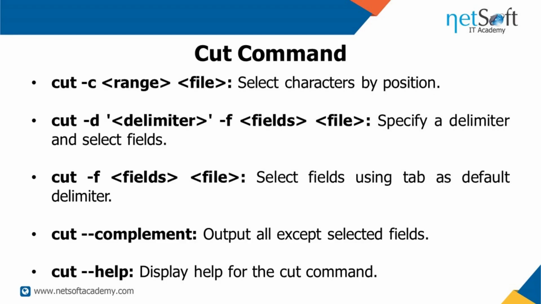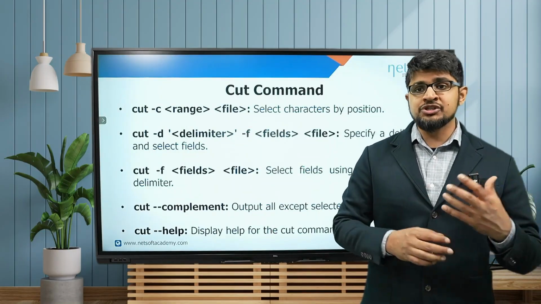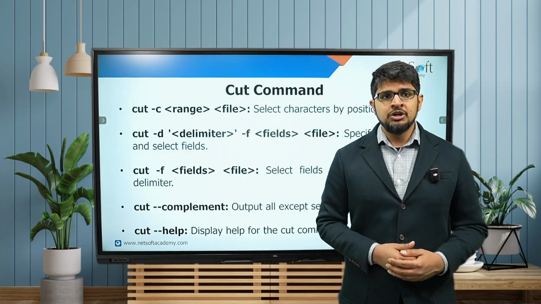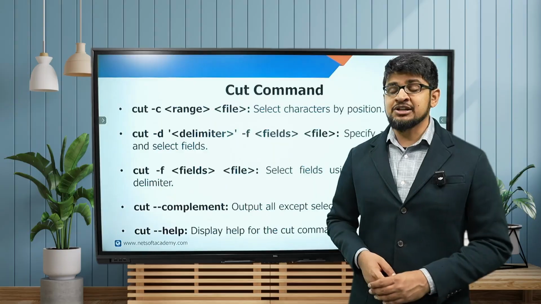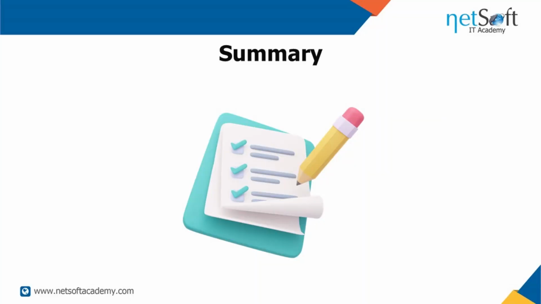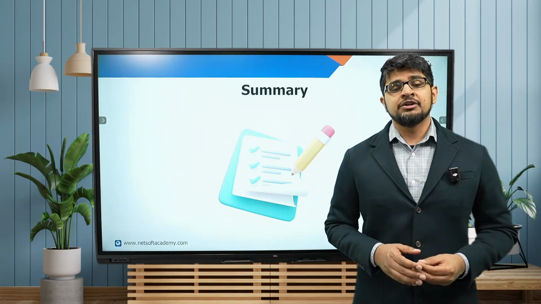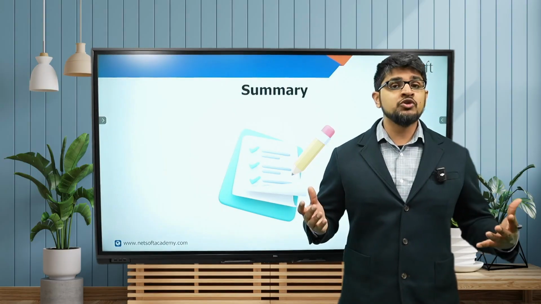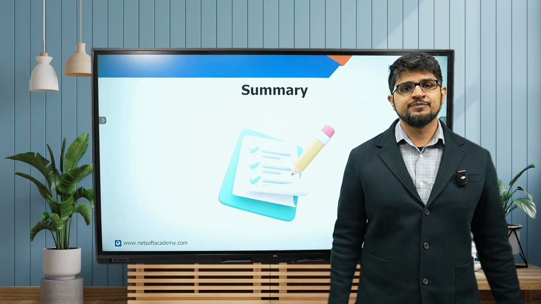So you do have that handy --complement flag in order to inverse that cut selection. You can find out all the different ways to use cut as well, as it does come with a --help switch or flag. In this upcoming lab, we're going to show how to use the cut command effectively to cut characters and even cut different fields from your files in order to better process data. Please stay tuned.